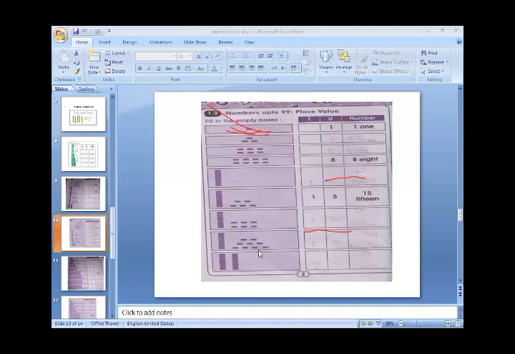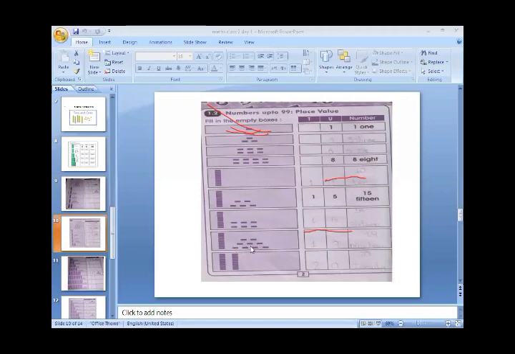Now see in the second last box. You can see here there is one group of blocks. One group of blocks shows one 10. So we write 1 at the tens column. Then you will count how many small blocks there are. 1, 2, 3, 4, 5, 6, 7, 8, 9.